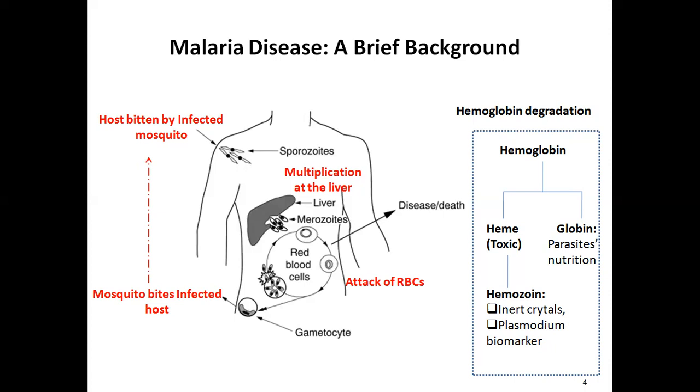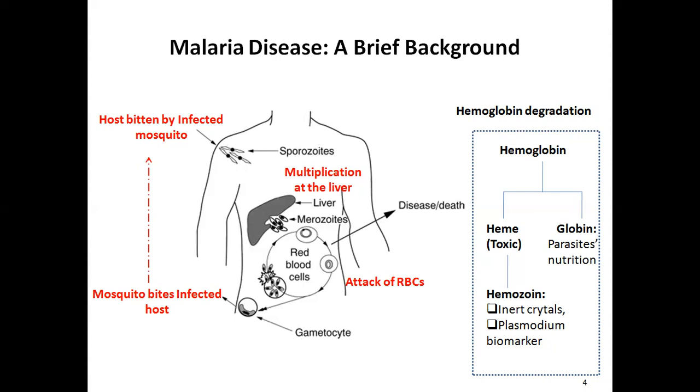And when a mosquito comes again for a blood meal, it can carry a number of these parasites in form of merozoites and repeat the transmission cycle.